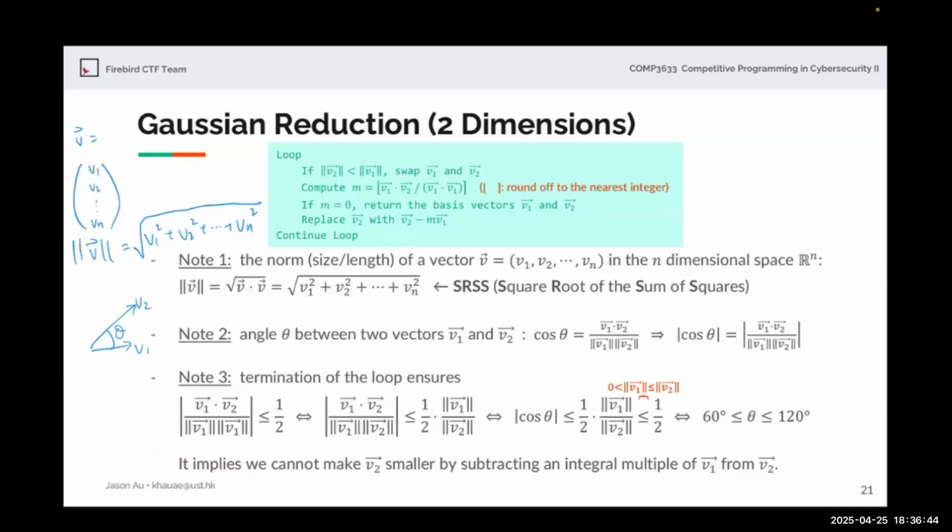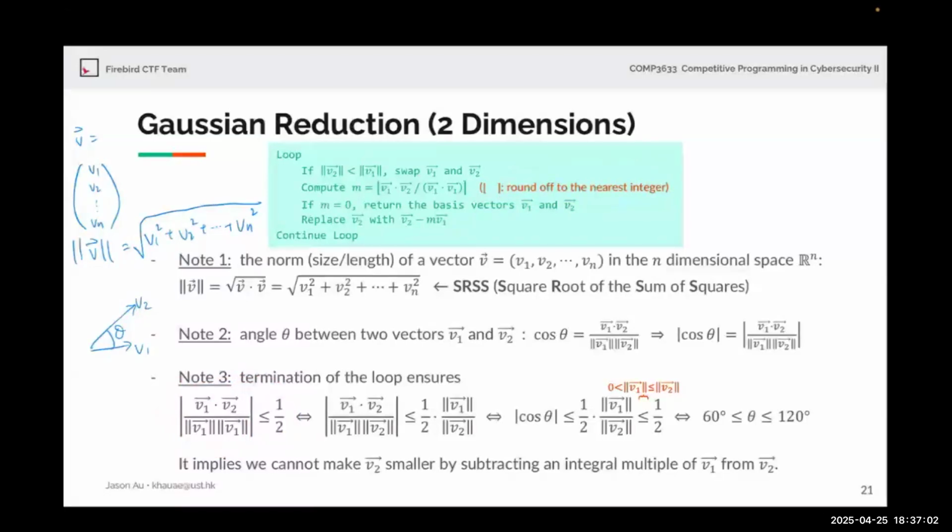As I said, the rounding off function ensures that m is between negative 0.5 and 0.5. So if we take the absolute value, it must be less than 1/2, which is 0.5.